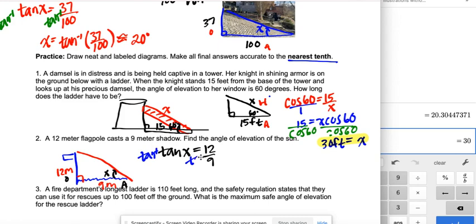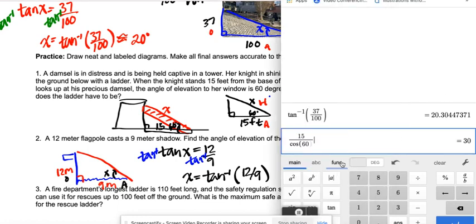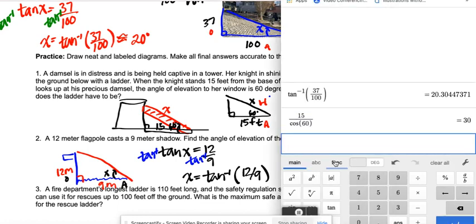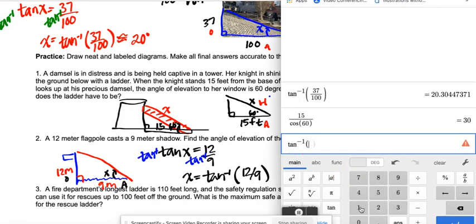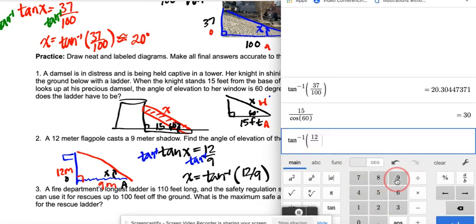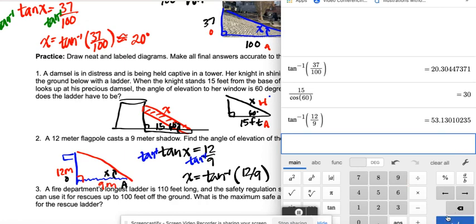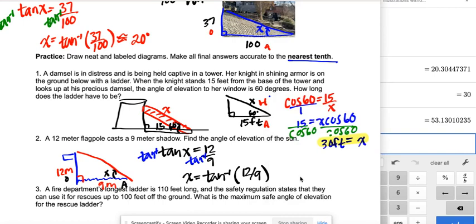If I do that to one side, we'll have to do it to the other. So x equals the inverse tan of 12 over 9. So we'll go back over here, go to function, inverse tan, go back to our main, 12 divided by 9. We're rounding to the nearest tenth, so this is going to be 53.1 degrees.